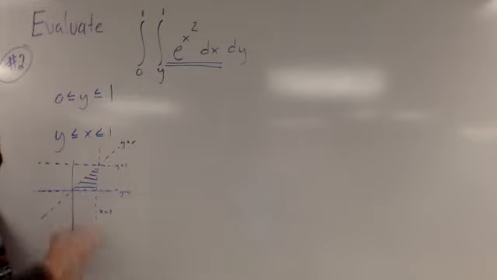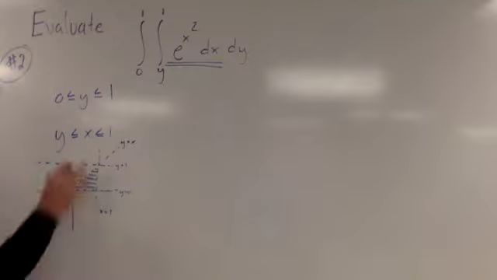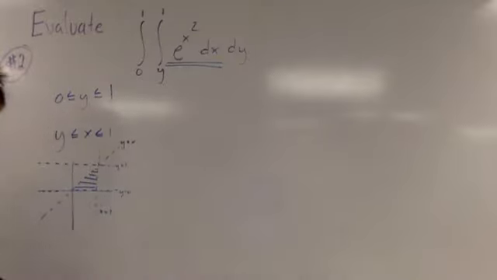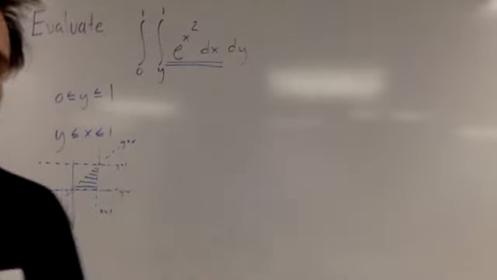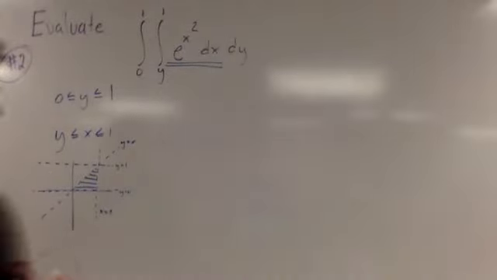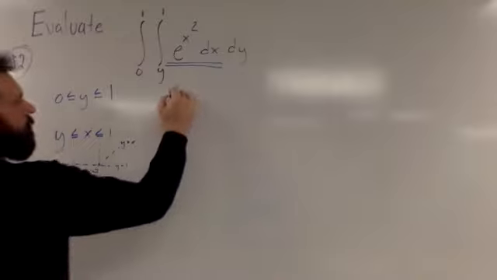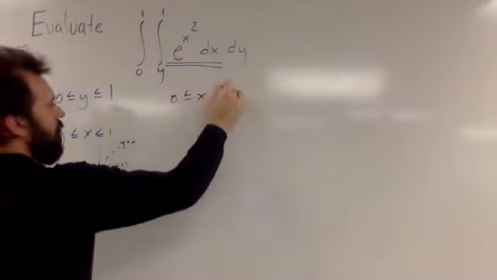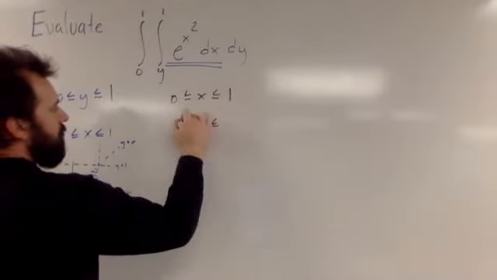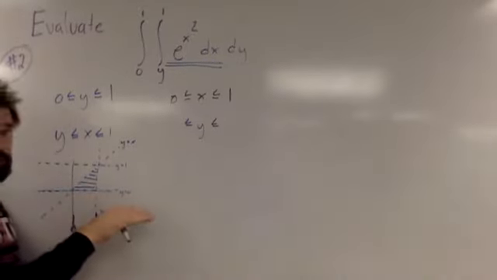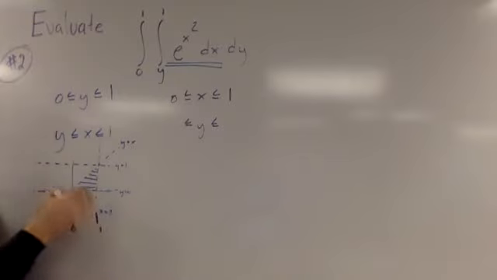So if I'm going to switch the order, instead of y being bounded by 2 constants, I want to have my x values bounded by a constant, so that I can integrate y first. So that means my x values here are going to go from 0 to 1. And now for my y values, instead of going left to right, having a type 2 region, what I want is a type 1 region.